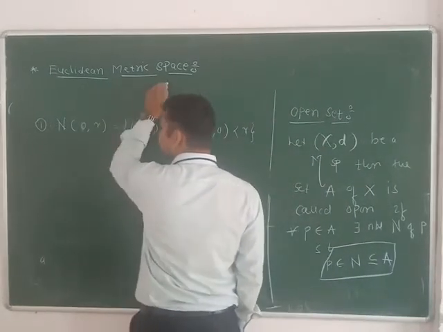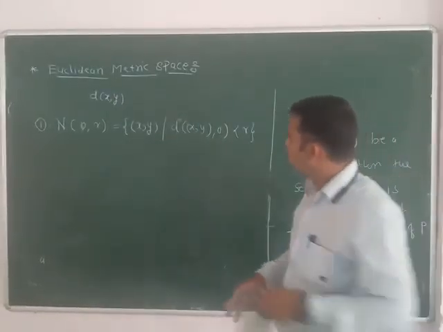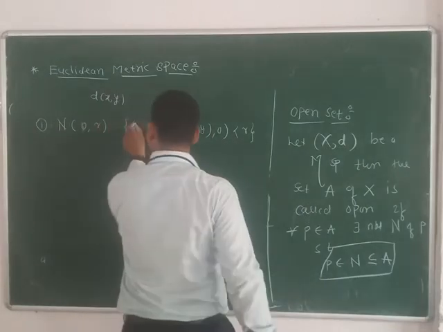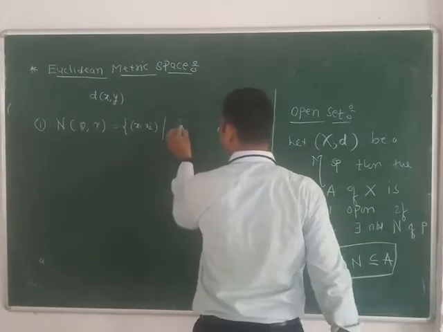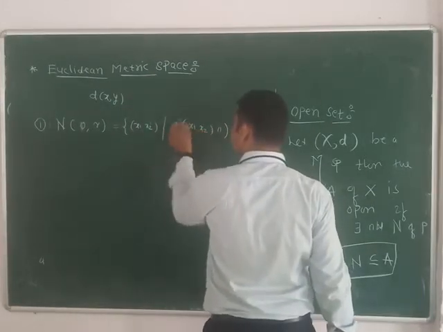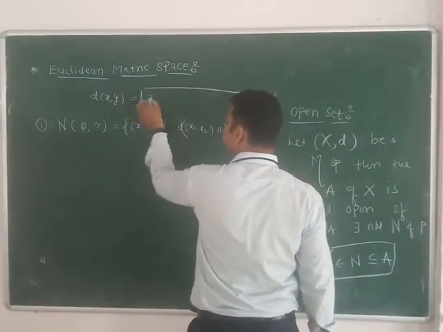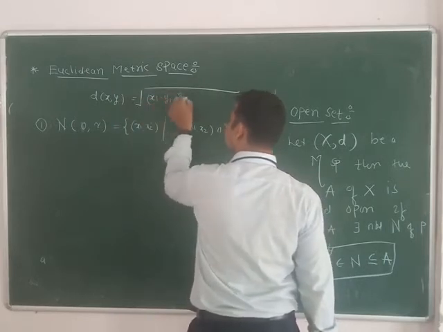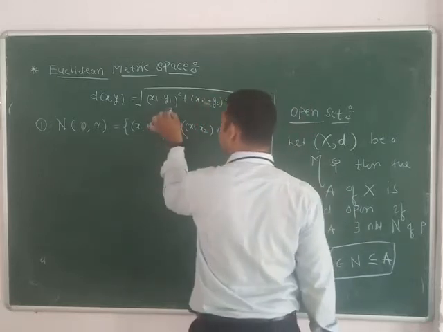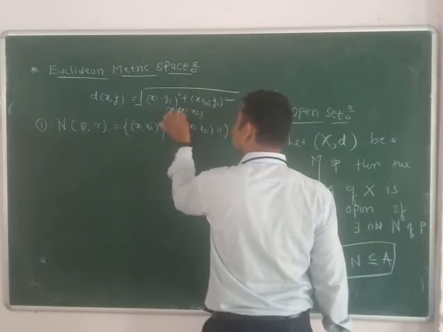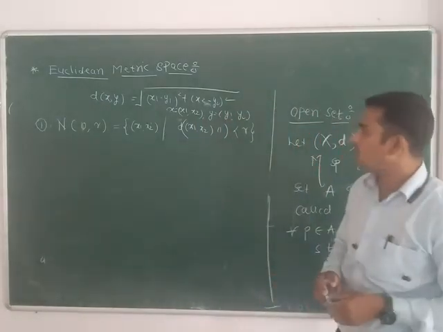Now here we are in the Euclidean metric space, so the metric is defined like this. I will just change the notation. Suppose this is x1, x2. So d(x, y) is the square root of (x1 minus y1) squared plus (x2 minus y2) squared, where x is equal to (x1, x2) and y is equal to (y1, y2).